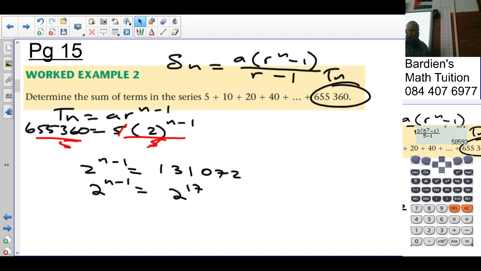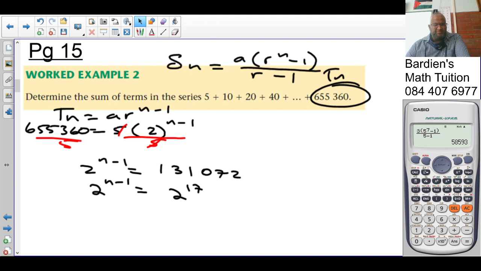Let's fix this calculator quickly. We say 131,072 equals, you press shift and this button here.